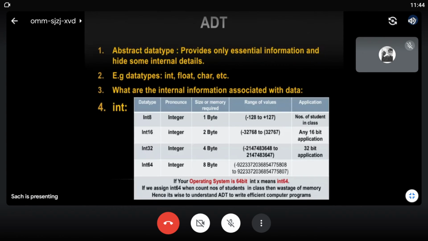Naturally, in today's operating systems, we find Windows 10 and Windows 7 are 64-bit operating systems which are available recently. So over here, when we define integer, it may be of INT 64, that is 8 bytes. So it is compiler specific. The memory requirement which is correlated to your data type is compiler specific.